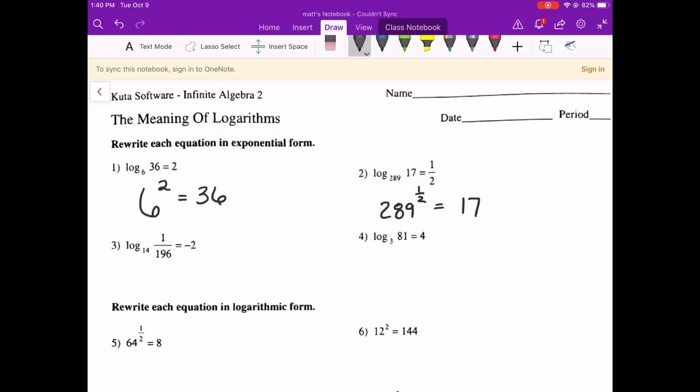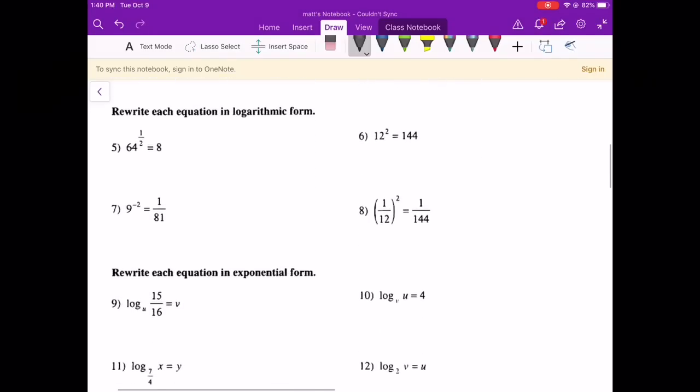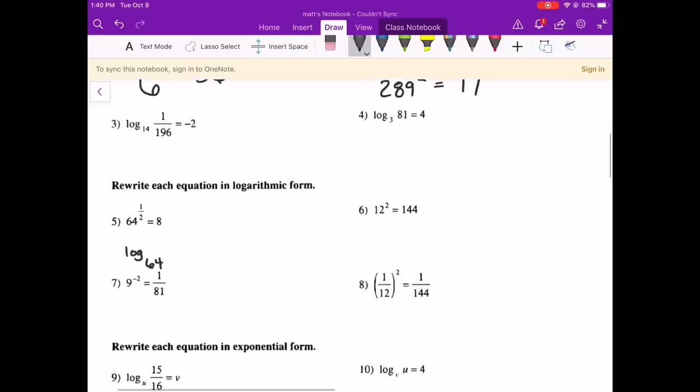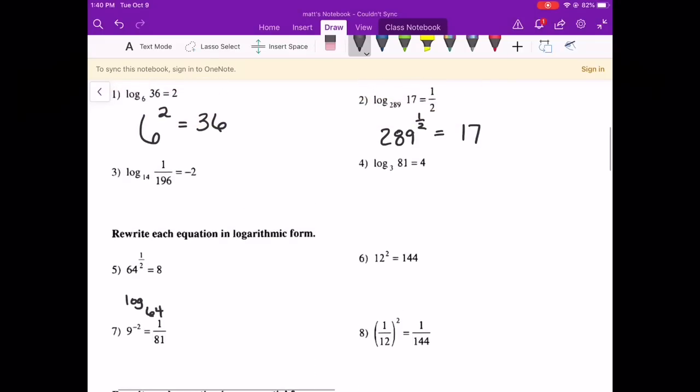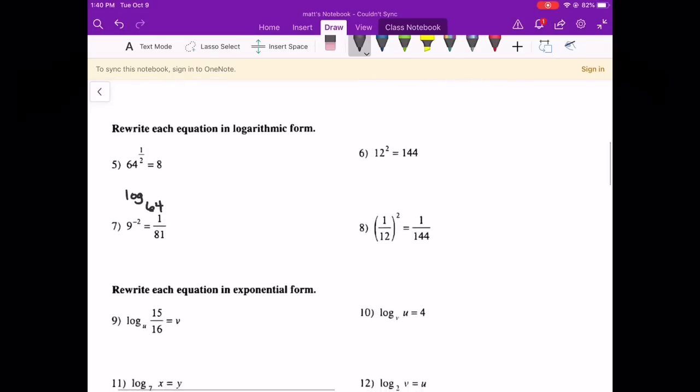So now let's do some logs into exponential form. So the number that I identify right away is what the base is, 64. So log of 64. And then remember that from my previous examples, the exponent is what gets isolated in a log.